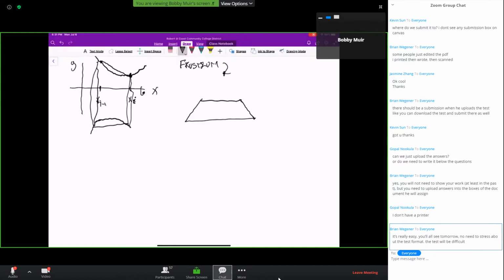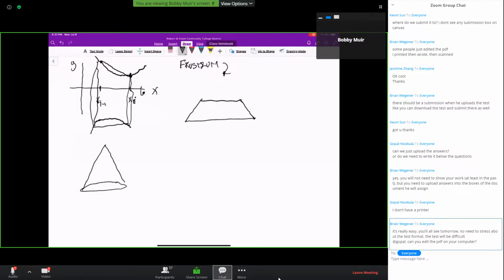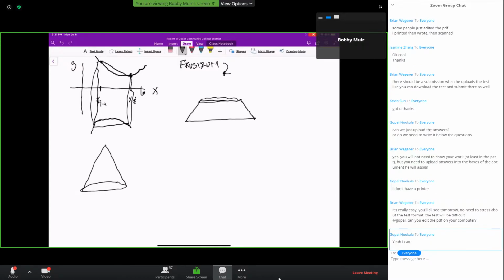So I got my cone. It's going to have a base down here like this, and it's going to come here like this. We're not saying that there's going to be a lid on it. And the frustum actually looks like this, like, you know, three-dimensional.